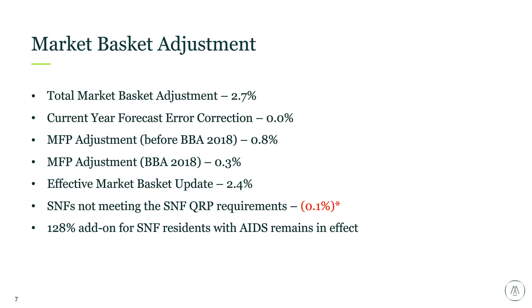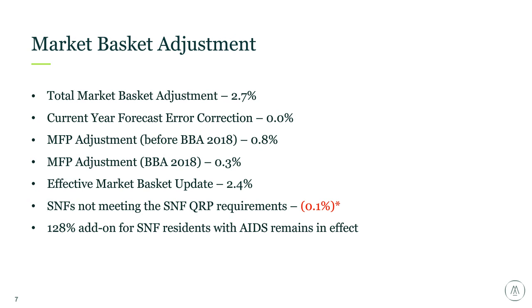That was an element that CMS had implemented, basically saying that over time, even under the prospective payment systems, providers will become more efficient in their daily work due to technology advancements and other areas. So we need to account for that as part of our consumer price index. Originally the adjustment was going to be 0.8%, but the BBA limited that to 0.3%. So that's where we arrive at our 2.4%.